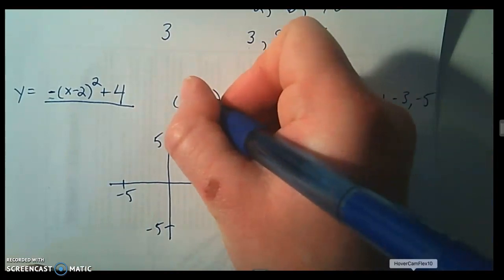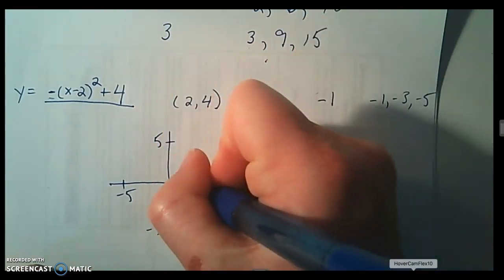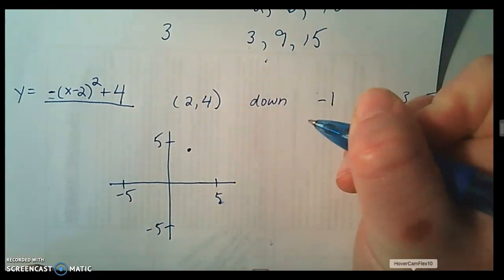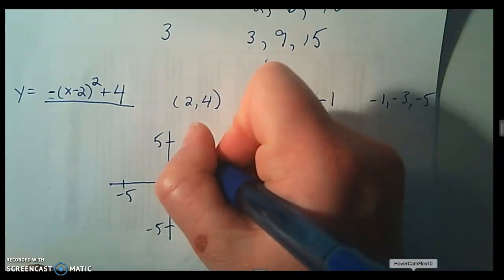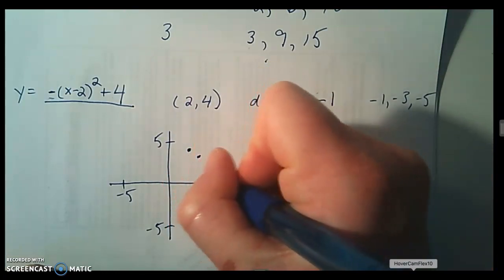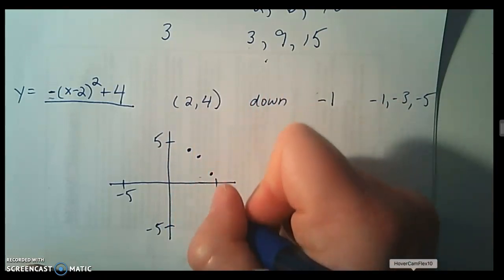So I would plot my vertex at 2, 4. I'm opening down, and my step pattern is -1, so I'm going to go down 1 over 1, -3, down 3 over 1, and then -5, down 5.